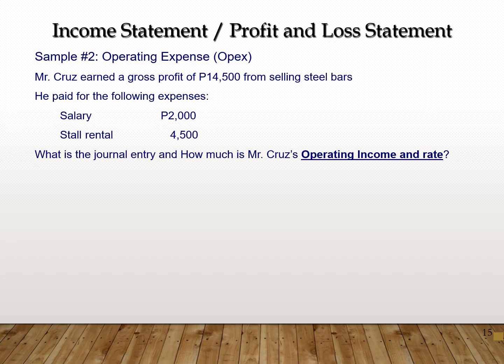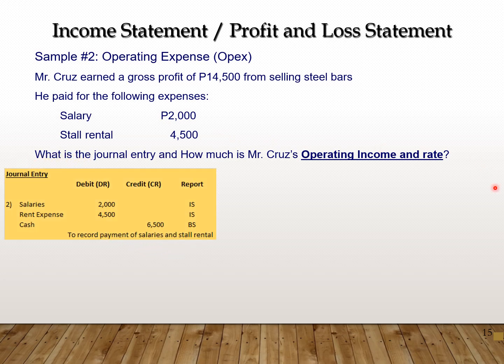Here is a sample of operating expense transaction. Mr. Cruz earned a gross profit of 14,500 from selling steel bars as presented in the previous slides. He paid for the following expenses: salaries of 2,000, stall rental of 4,500. What is the journal entry and how much is Mr. Cruz's operating income and operating income rate?